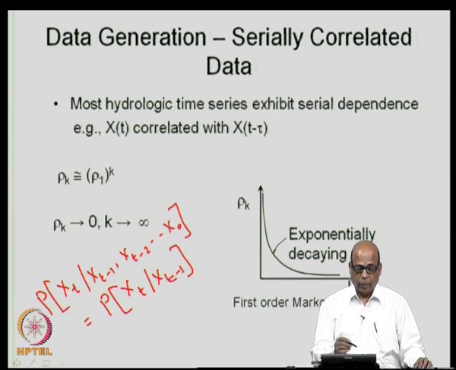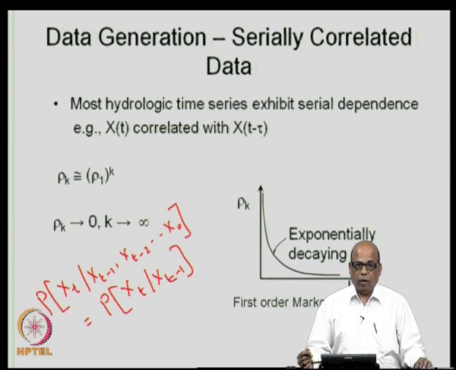What does this mean? This means that the entire information of the history of the process, given by x t minus 1, x t minus 2, etc. up to x naught, is all contained in the previous information x t minus 1 itself. So, the conditional probability of x t given x t minus 1, x t minus 2, etc. up to x naught can be approximated by the probability of x t given x t minus 1. Then this is called the first order Markov chain.